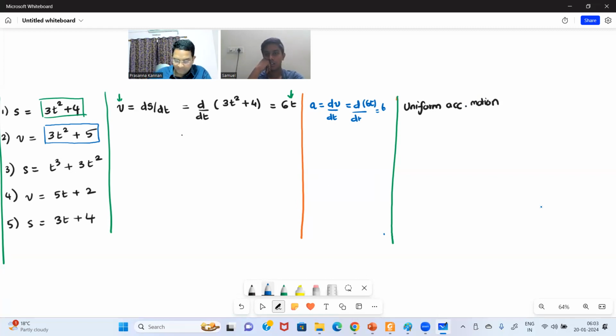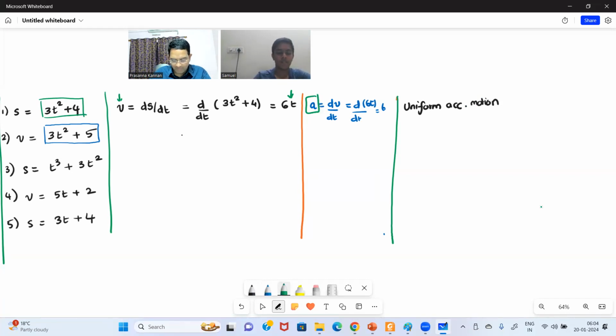Next step, you will know whether it is uniform accelerated or non-uniform accelerated. For that, what do you need to find? We need to find the differentiation of V. If you differentiate velocity, what do you get? You get dv by dt. Isn't it acceleration?